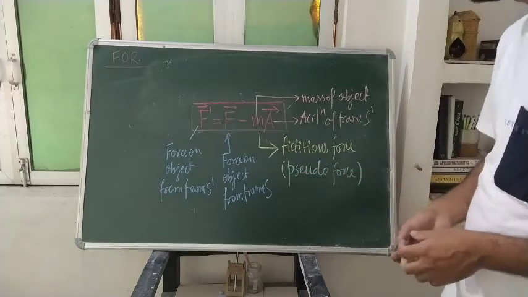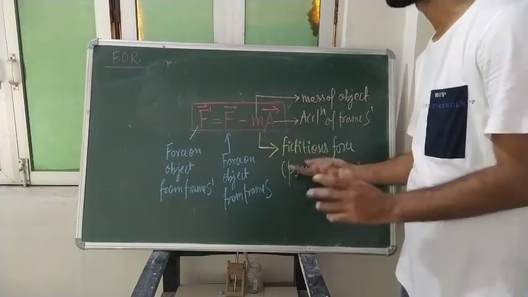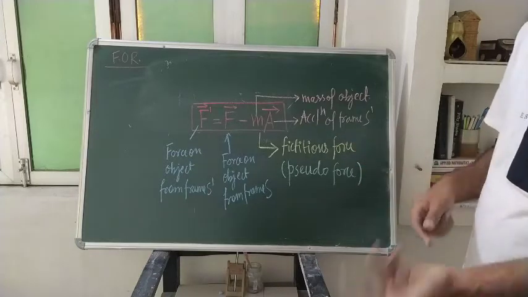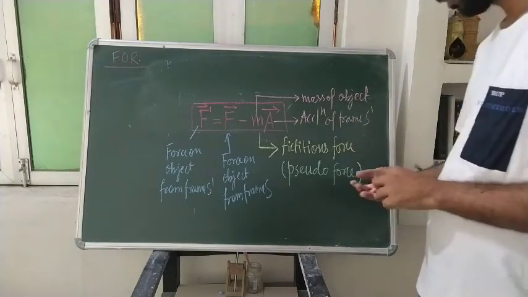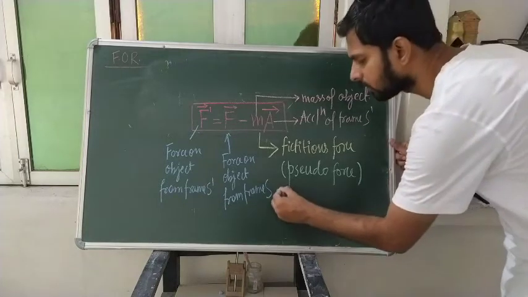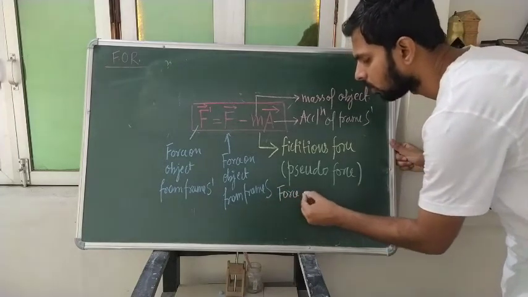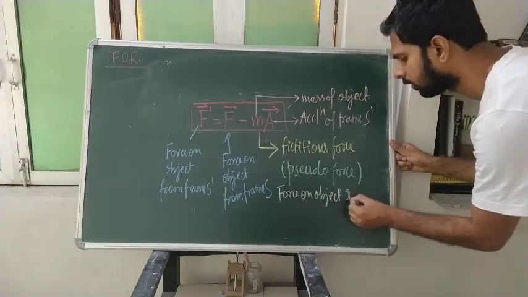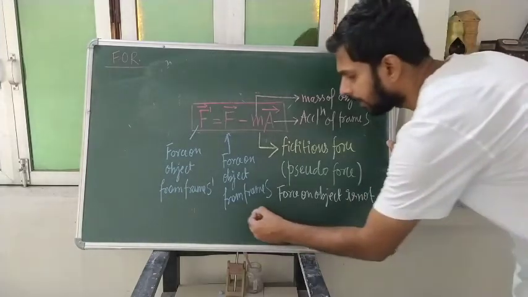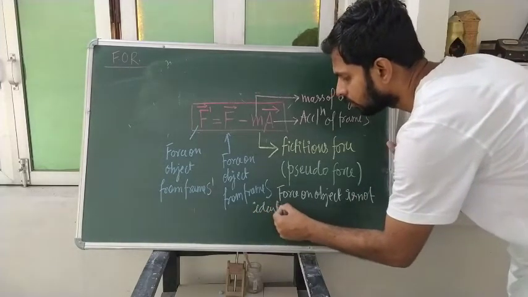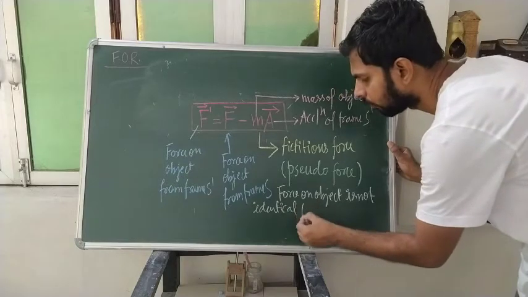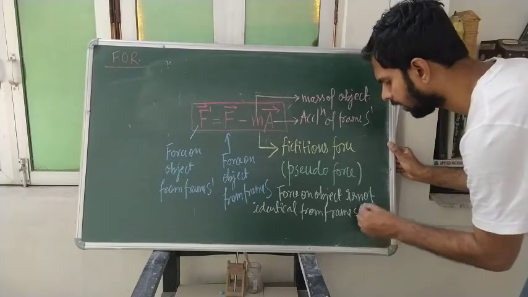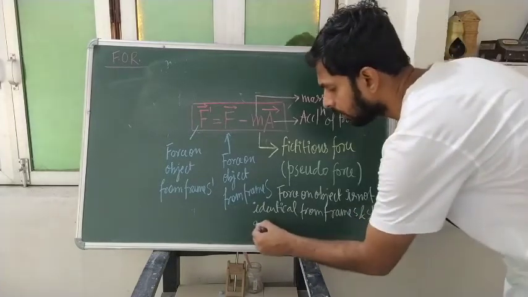And you will look that forces are not coming the same from frame S and frame S prime. So force on object is not identical from frame S and S prime respectively.